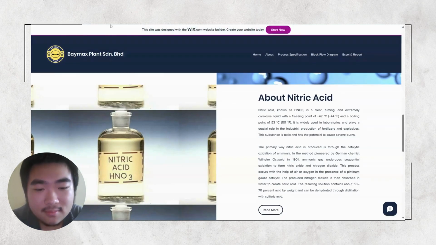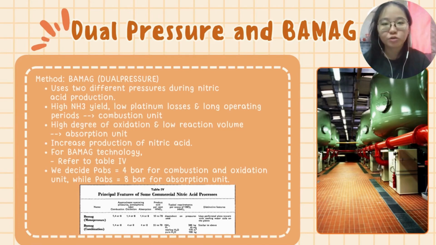Hello everyone, I'm Khoo Yin Xuan, matrix number 225397 from Group 5. Today I'm going to talk about the method our group uses to produce weak nitric acid, which is Baymax dual pressure. The dual pressure process uses two different pressures during nitric acid production.